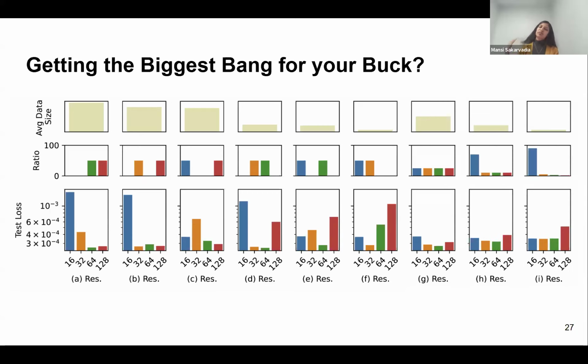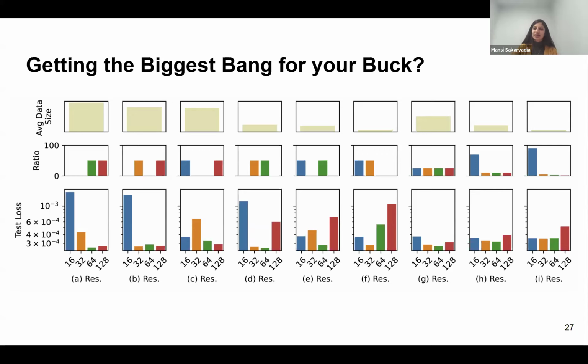We ask if we can push the buck even a little further by actually creating imbalanced datasets. Datasets in which we contain mostly cheap, low-resolution data with a little bit of high-resolution data sprinkled in. And we see actually that we're able to achieve a pretty good trade-off.